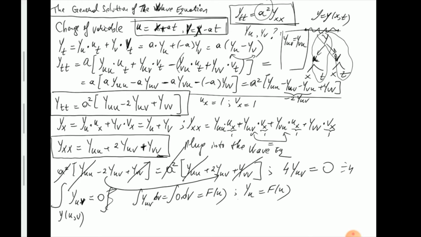Partial v on the right hand side is just 0, because the right hand side depends on u. So you can just assume it's just a constant, like a real number. It can be a function of u. So constant with respect to v. Don't forget that we have two variables. So this is like partial integration if you want. Moving on, to get finally to y, I need to integrate both sides now with respect to u.